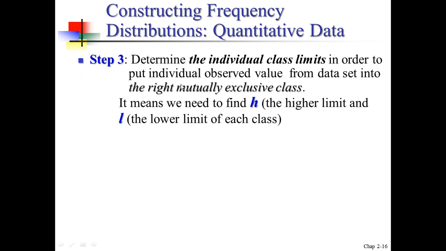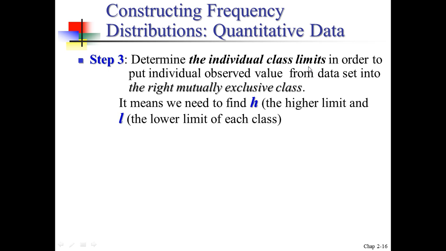Step 3, you need to find class limits, because we're talking about class intervals. The class interval must be the same number from one class to another class. That's why every class must have the same interval. In order to get an interval, you must have a beginning point and an ending point. The gap between the beginning point and the ending point is called the interval.